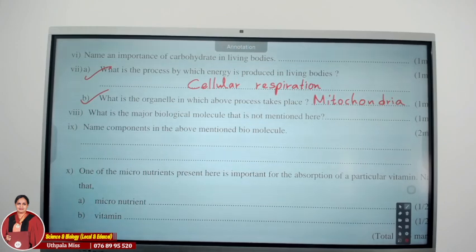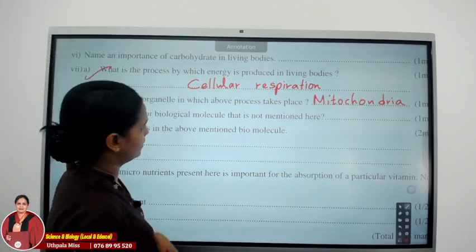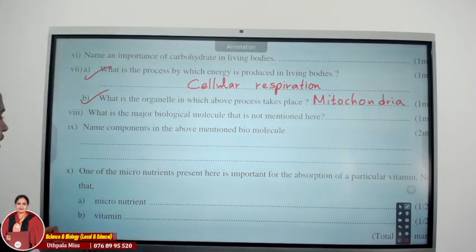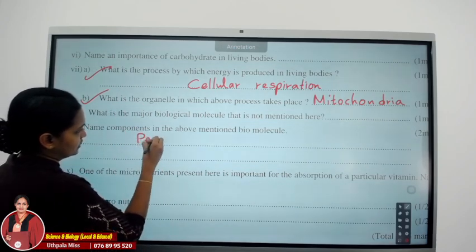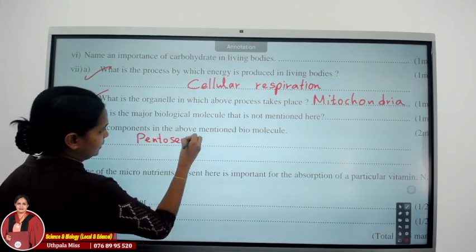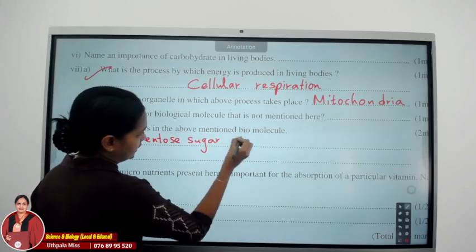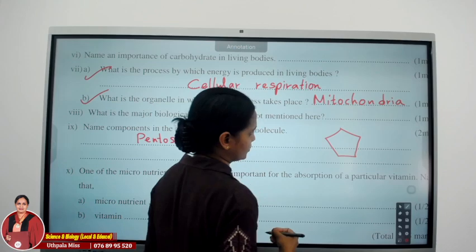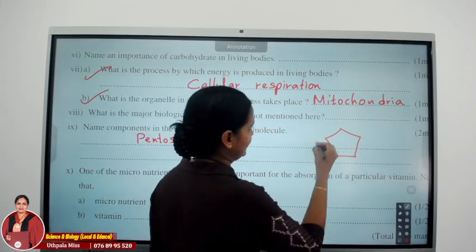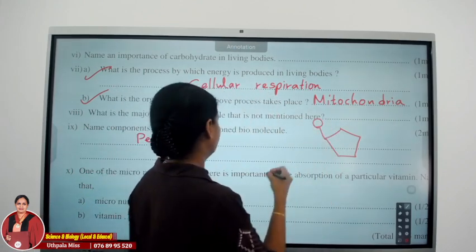Hi, sorry. Name the components in the above mentioned biomolecule. So what are the components? There is a pentose sugar group. If we draw it, you don't need to draw it here since they haven't asked. This is the pentose sugar. Then there is the phosphate group.